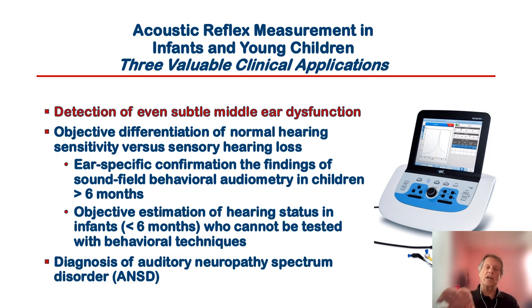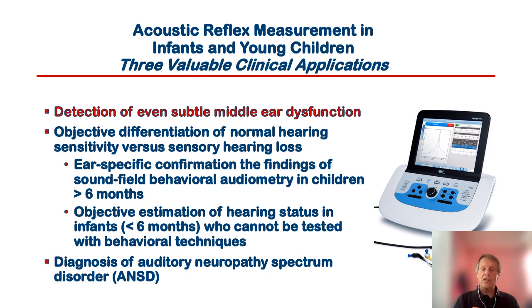We can focus on a permanent hearing loss and managing that hearing loss, perhaps with hearing aids or even a cochlear implant. So that's one of the very valuable clinical applications of acoustic reflexes in infants and young children.